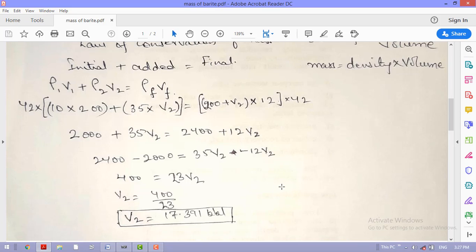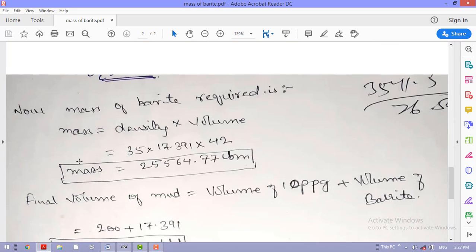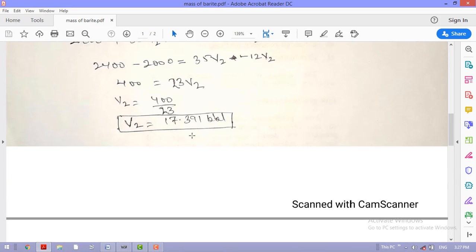Once I got the volume of the barite, I can simply calculate the mass of barite required. The mass of barite is equal to the density of the barite into the volume of the barite. The density of the barite is given in the question as 35 ppg, which means lb per gallon, and the volume is 17.391 barrels.